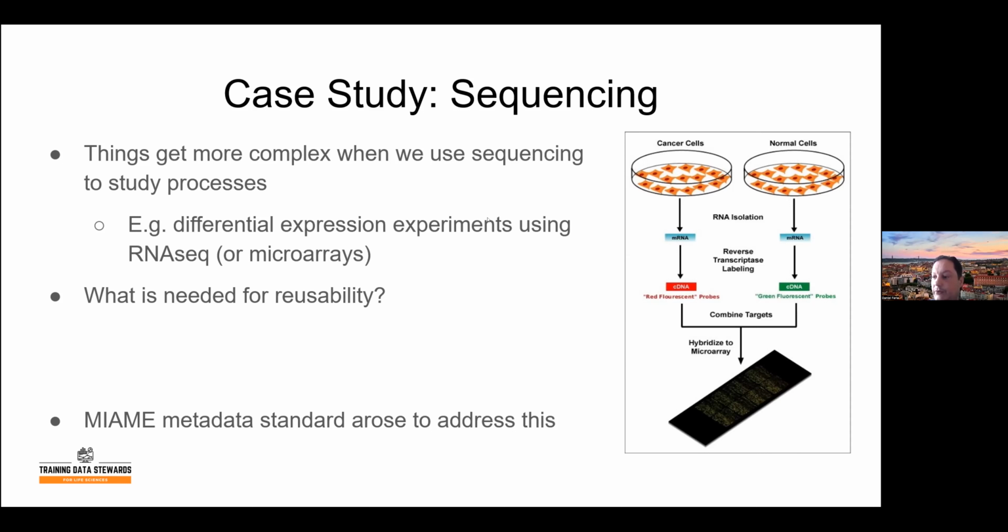But still, if you want to be thorough, it still requires a substantial amount of metadata, even though that is not the norm. So in general, the amount of metadata demanded by sequencing databases is not as high as the level of metadata that should be provided. Okay, it's not just the equipment that was used for sequencing, but also the full detail of the sample that was sequenced, what was the DNA extraction process, etc.